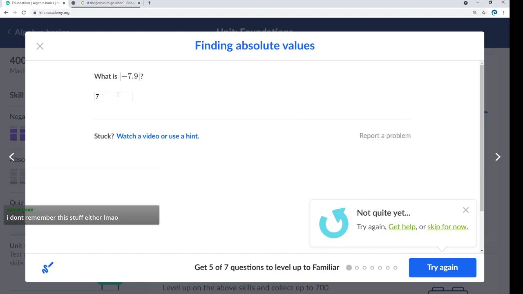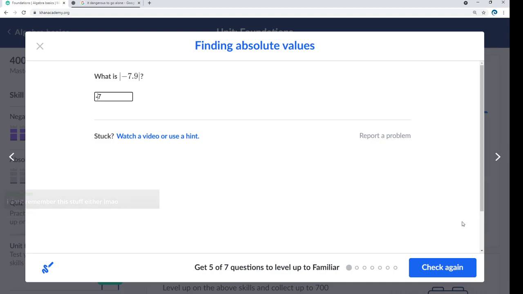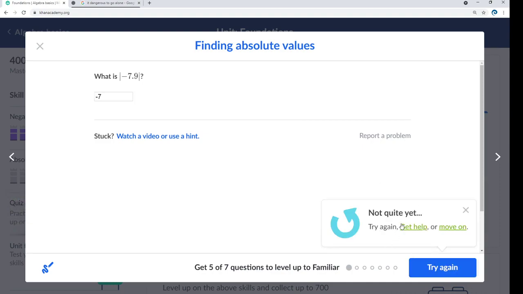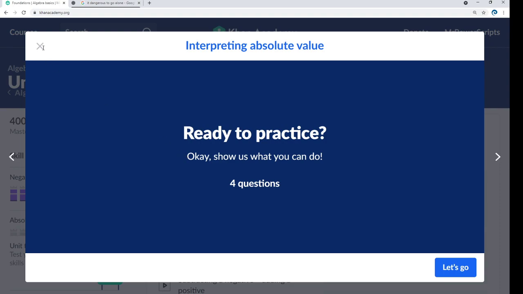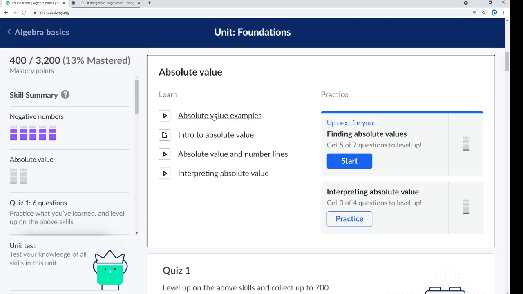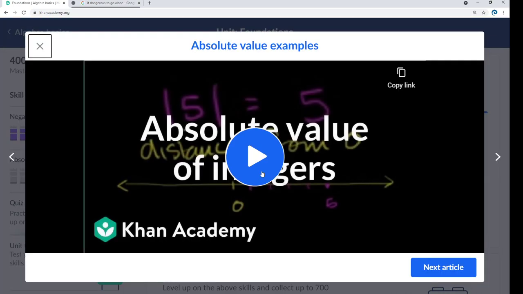No, it's not. Maybe it's negative 7. Let's try negative 7. That's not it again. Okay. So absolute value is not what I'm thinking. I'm going to have to look at the video. I'm going to have to get a refresher here.